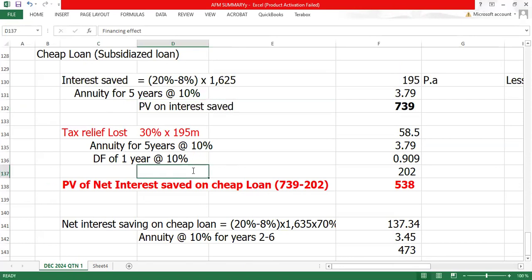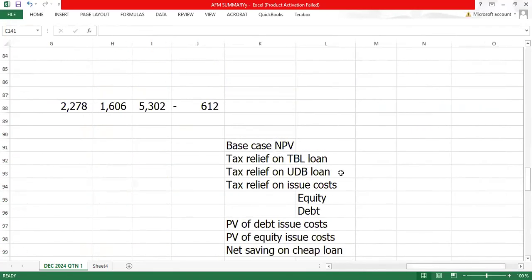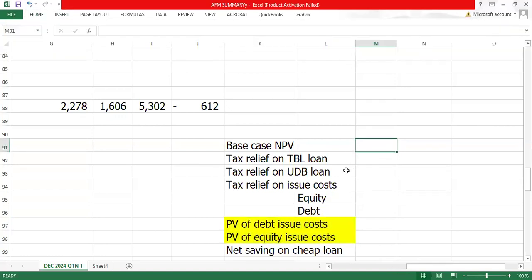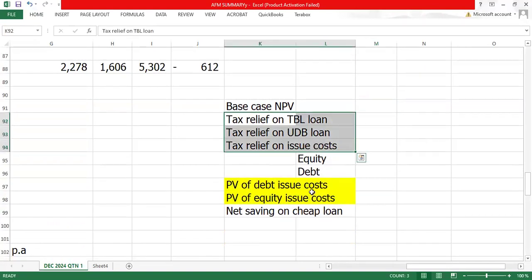This is PV on total interest saved. Then this is PV on tax relief. Just what is left is to put these things. You put everything here. Issue costs, you put them as negative because these are costs. Then others, tax relief, these ones are credits.